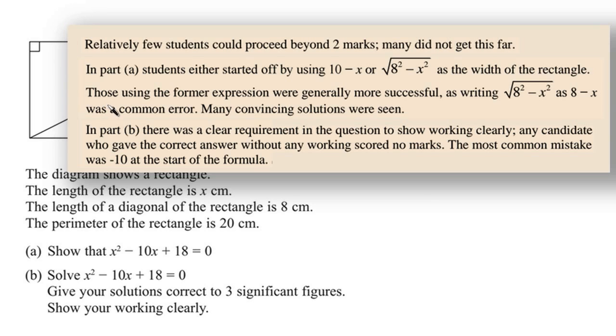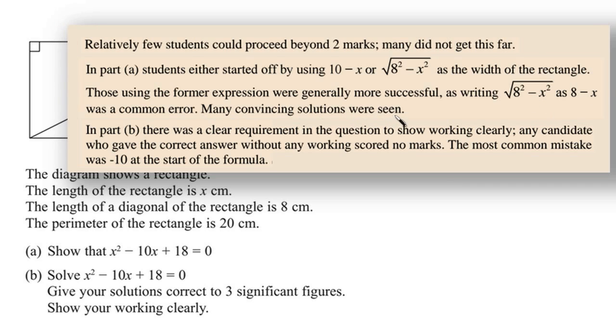Those using the former expression were generally more successful, so 10 minus x was the best strategy to use. Writing root 8 squared minus x squared as 8 minus x was a common error.